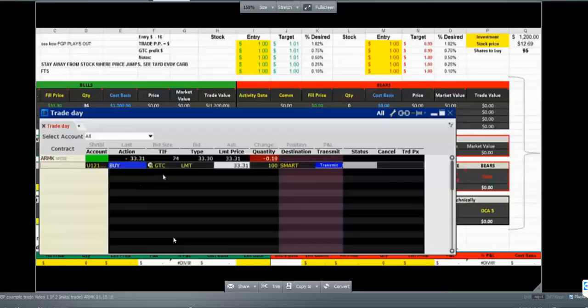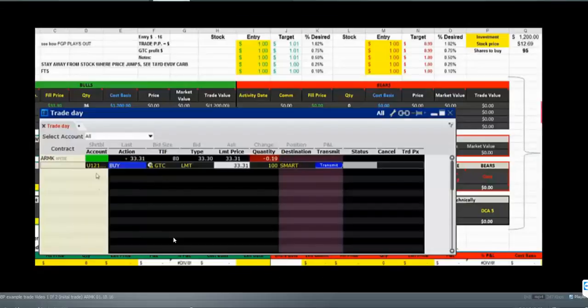This is the account number, which has already defaulted to the right account. I set aside one account just for going long, and then I set aside a different account for shorting. So we're going to buy at market, and we're going to buy 36 shares. So I'll put 36.